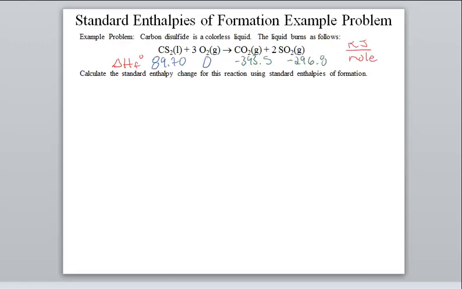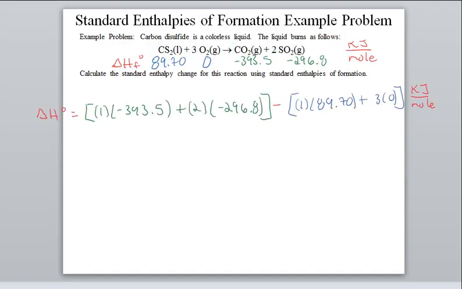So we have the value for each chemical, but when they're part of a reaction, there could be 1, there could be 2, there could be 3, there could be more than that. So when we sum up all the potential energies of the products and all the potential energies of the reactants, we need to pay attention to the numbers before the chemicals in our balanced chemical reaction.